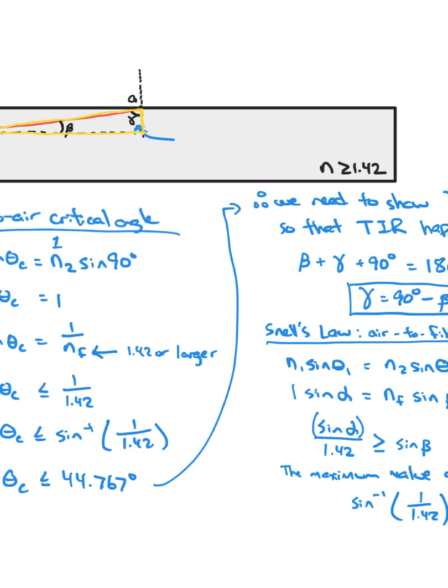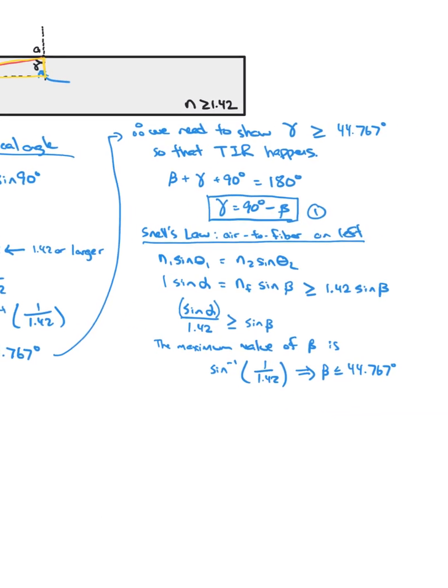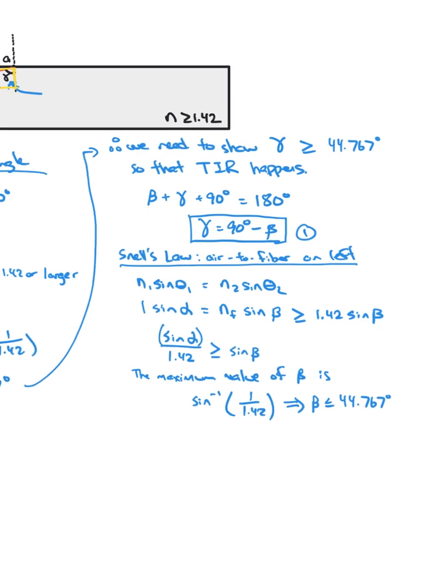So what I'm saying is that beta at a maximum can be inverse sine of 1 over 1.42, which is 44.767 degrees. Now I'm going to take that expression and put it back into equation 1.